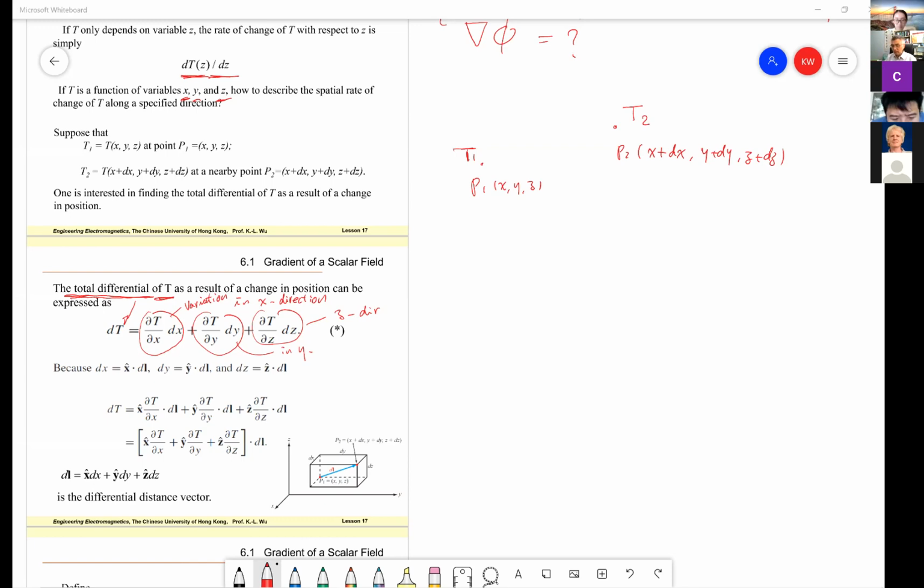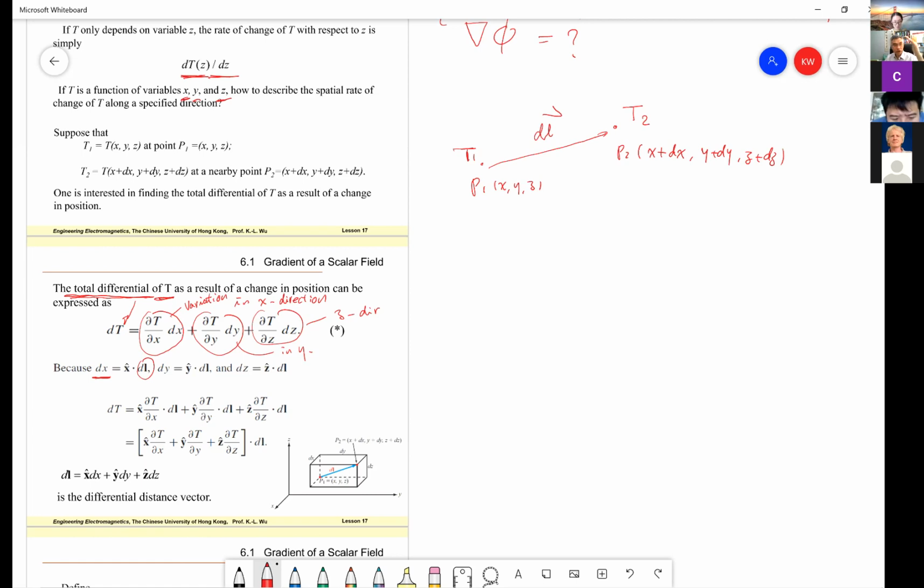Now we add up all these changes, and we define it as the total differential of the temperature T. Then recall that dx is a component of the total differential length dl. This is the total differential length.